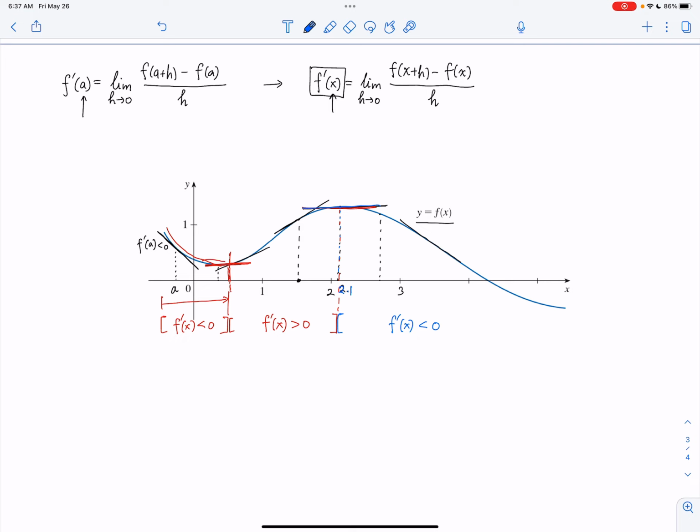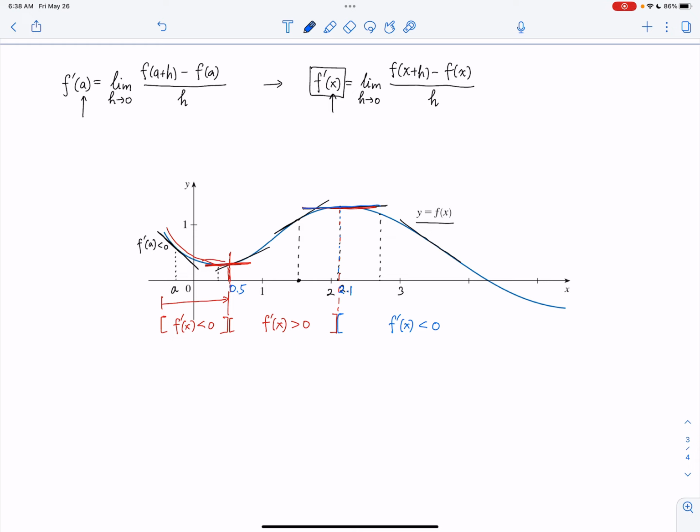There are three regions basically. In the first part, from very negative up to, let's say this is 0.5, up to 0.5, you have this downward trend. So the derivative is negative. Between 0.5 and 2.1, you have upward trend, and the derivative is positive.